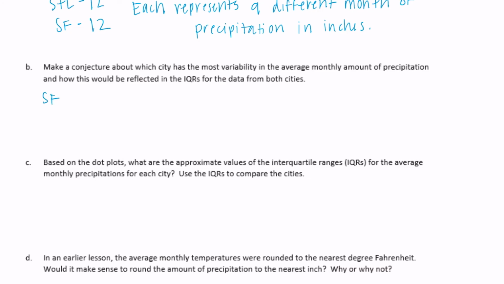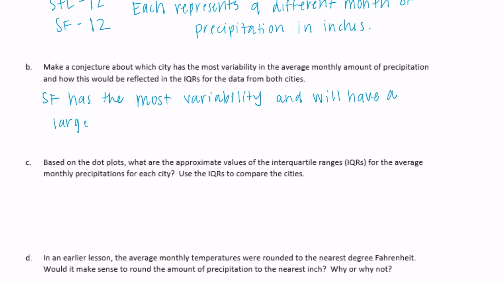So San Francisco has the most variability and will have a larger IQR than St. Louis.